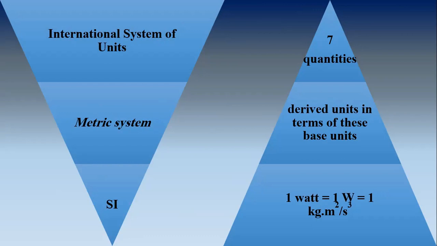The SI unit for power, called the watt or W, is defined in terms of the base units for mass, length, and time. For example, 1 watt equals 1 kilogram times meter squared over second cubed.